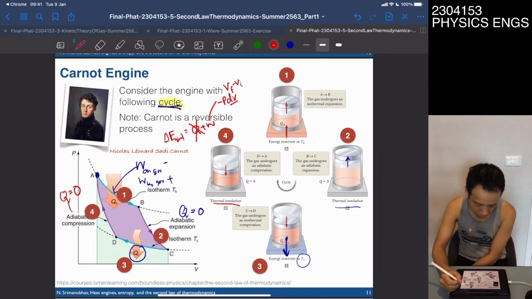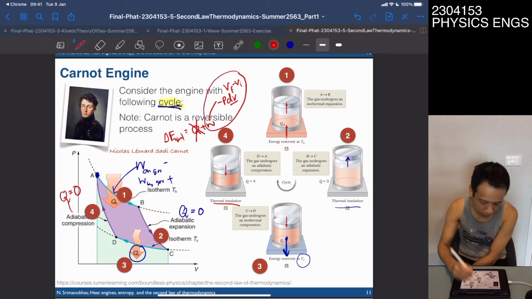So what you have is basically Vf minus Vi is negative, right? Because the volume is decreasing, so that's negative. So the whole overall work is positive, okay. So the way that the system can have bigger work done, right?